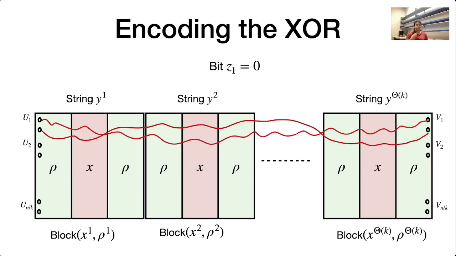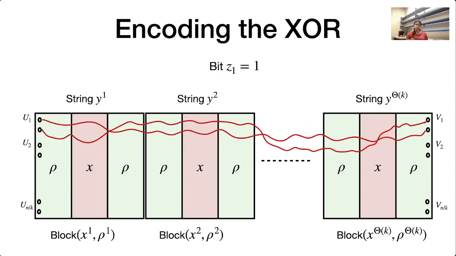In more detail, if the first bit of z is 0, which is just coming from the first bit of y1 XORed with first bit of y2 XORed with the first bit of y theta of k, the first vertex of u1 is going to be connected directly to the first vertex of v1, and the second vertex of u1 is going to be connected directly to the second vertex of v1. The paths between vertices of u1 and vertices of v1 are just going to connect the corresponding vertices in these groups to each other.